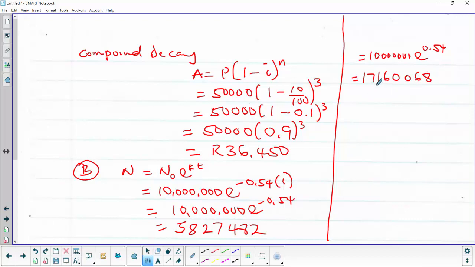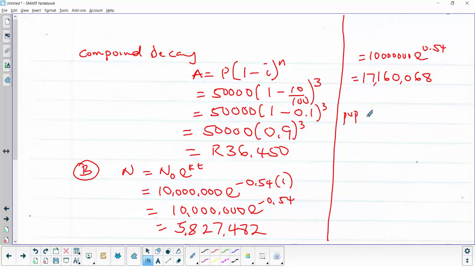When you check this well, we can see we have 17 million, which is an increase from 10 million. But when we use the minus here, it decreases, to 5 million. So automatically, when this is minus 0.54, the population will decrease.